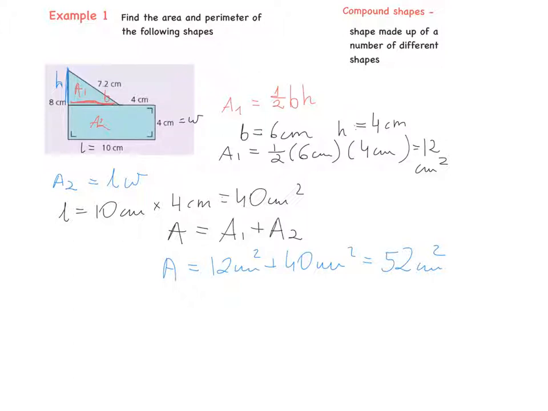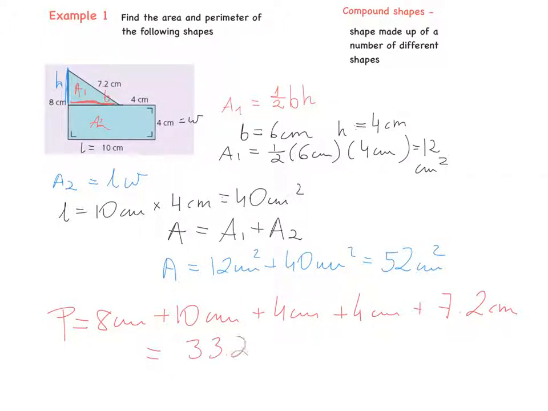So perimeter is 8 centimeters plus 10 centimeters plus 4 centimeters plus 4 centimeters plus 7.2 centimeters, and this is all 33.2 centimeters. Okay, so take it down into your copies, please.